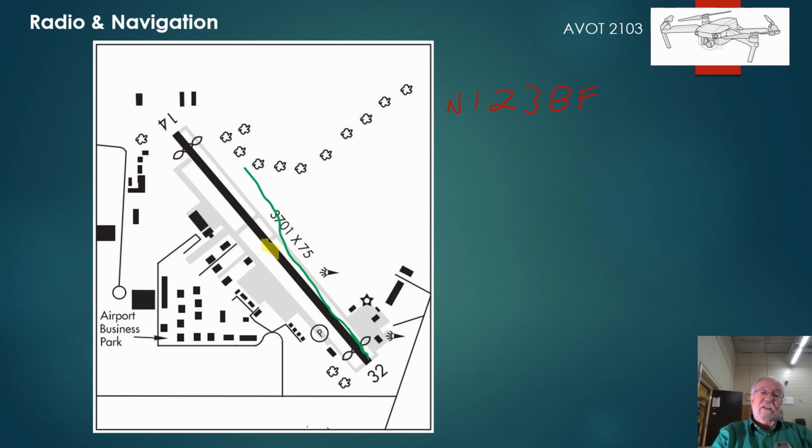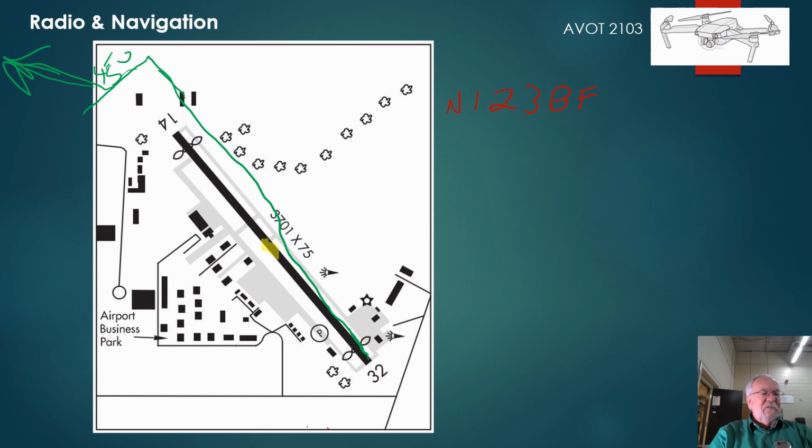He starts climbing up, and if he's doing what he's supposed to be doing, he makes a left crosswind, or somewhere in here he makes a turn 45 degrees off to the side to leave the area. Well, you know, if you're west of the airport or northwest, worse yet, he's going to be coming your way. But if you're anywhere else, no problem.